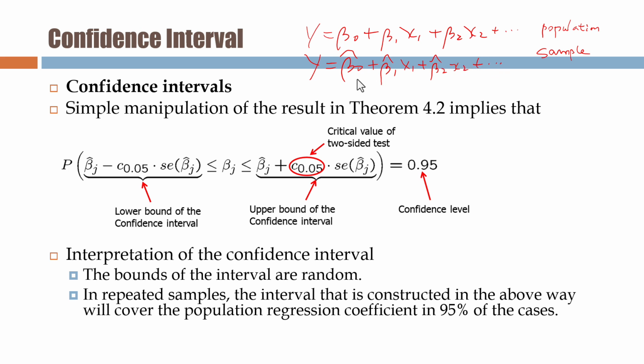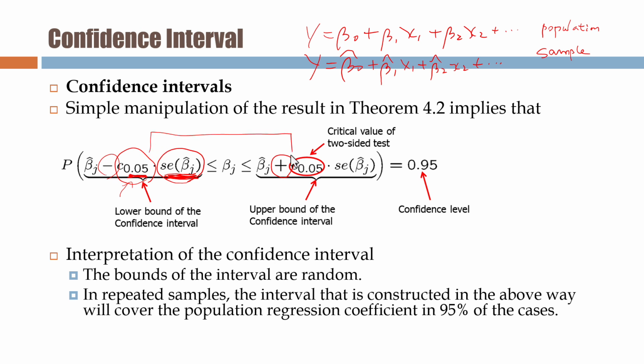Just like a sample mean used to find the population mean, we can create a confidence interval. This is just like the sigma, and this is like a z value, but here it is the critical t at a given significance level. You multiply it by the standard error, then subtract and add it, and you get the range.